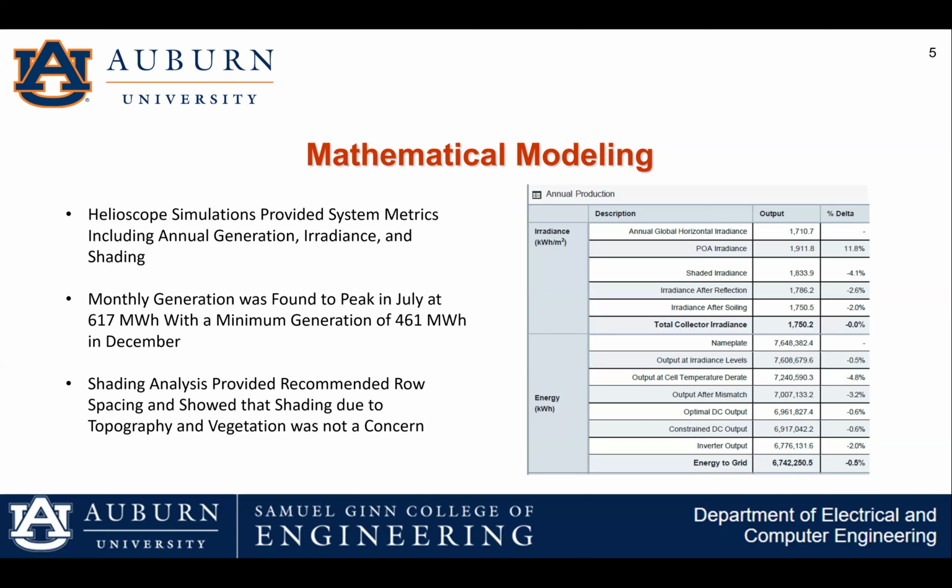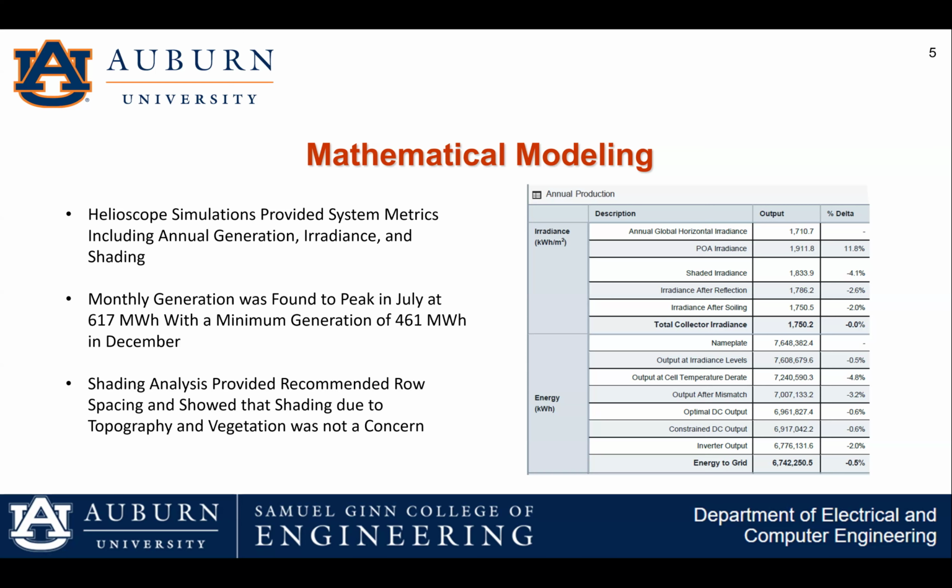Through plugging in all that information, we were able to determine that the monthly generation, as expected, would have a peak in July of around 617 megawatt hours, and a minimum generation in December, there again as expected for our area, of 461 megawatt hours.